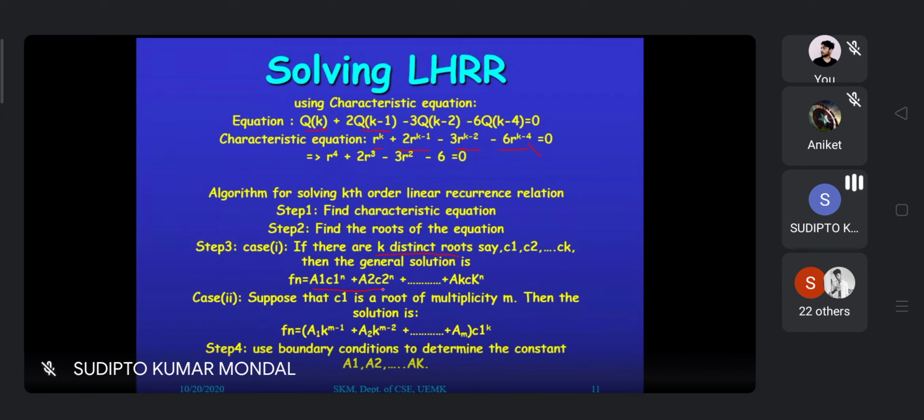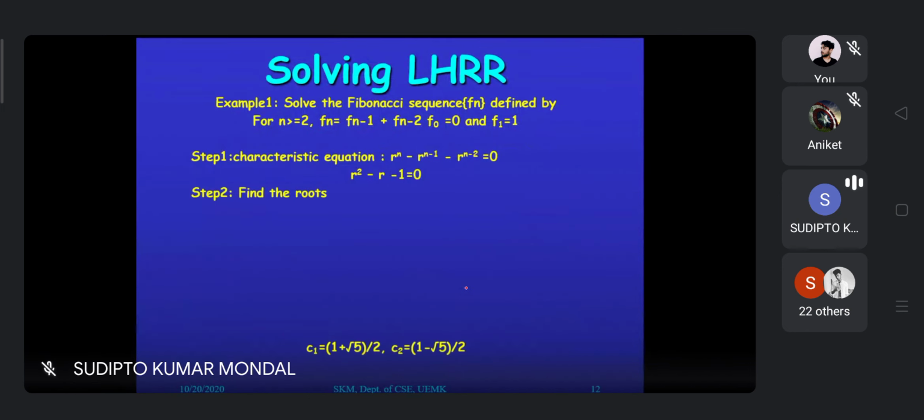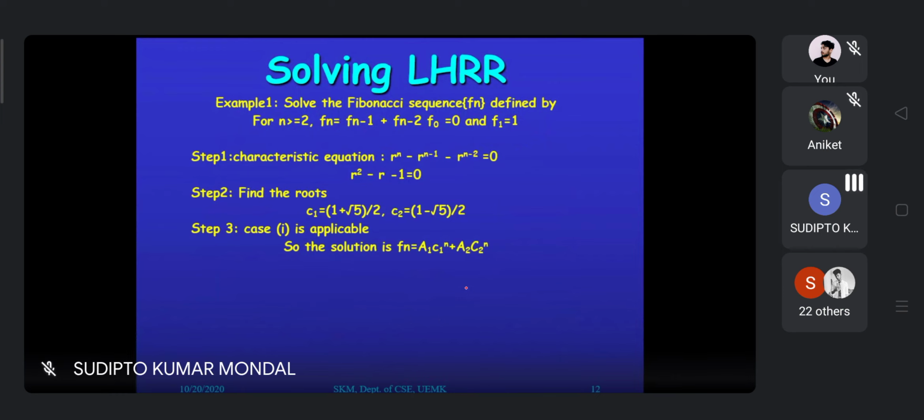In this particular problem we have observed two roots, c1 and c2. So however many roots we determine, we put the terms accordingly. Because right now we have identified two roots, only these two terms are considered, but if there are k roots, then we have to consider k terms. This way we have applied the case 1 rule here, and this is the expression we are getting.